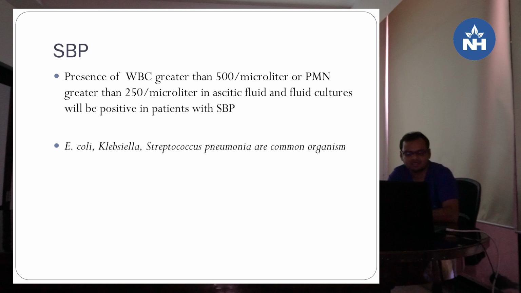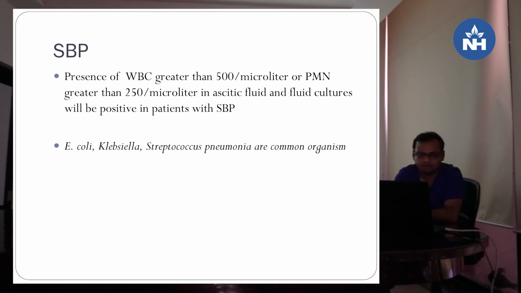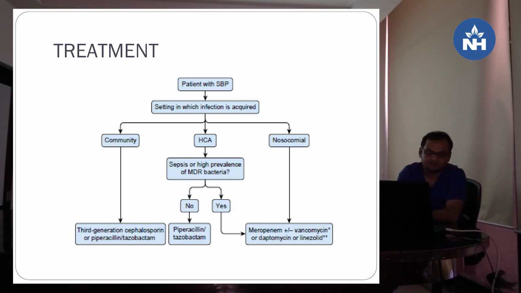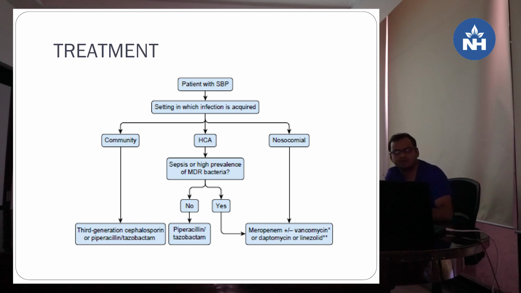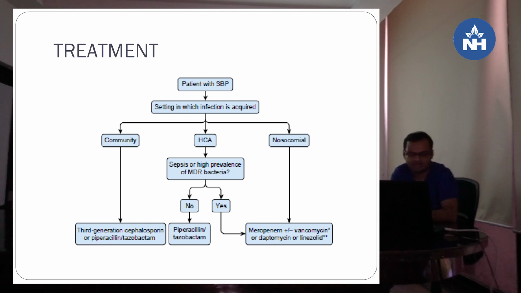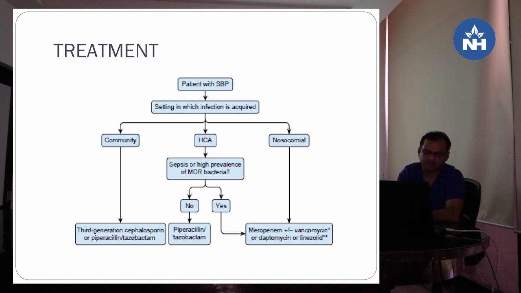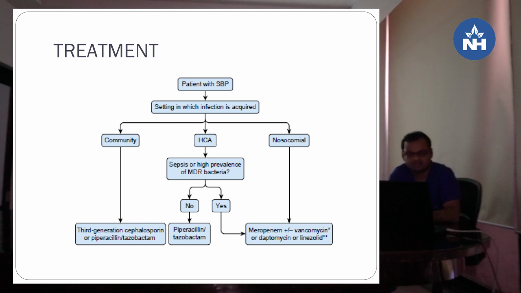E. coli, Klebsiella, and Streptococcus pneumoniae are the common organisms. Now treatment depends on whether it is nosocomial, community acquired, or healthcare acquired. In case of community acquired, third generation cephalosporin or piperacillin tazobactam are recommended. For healthcare associated without high prevalence of MDR organisms, we can go for piperacillin tazobactam.